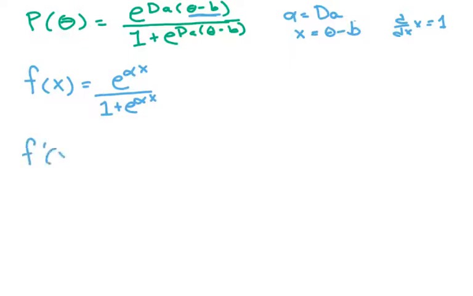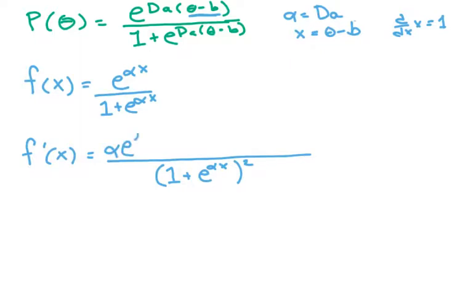This is much easier to see without having to write all those other parameters. That will be squared in the denominator. And then just from good old calculus, we use the quotient rule: the derivative of the numerator times the denominator minus the derivative of the denominator times the numerator.